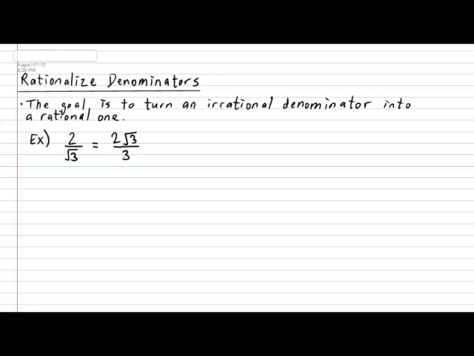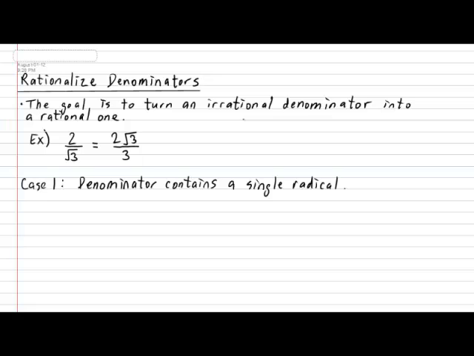So the big question is, how do we do this? Well, to make your life easier, we're going to separate this into two very specific cases. Case 1, the easier case, is when the denominator contains a single radical, such as the example above, 2 over square root of 3. There's one single radical in the denominator position.